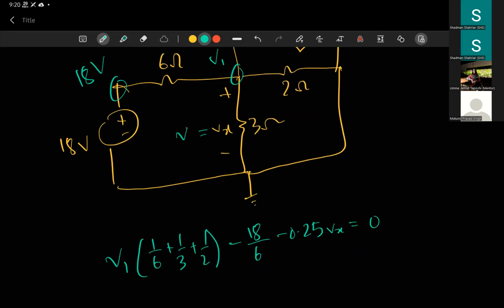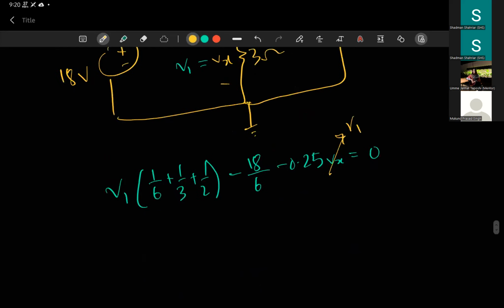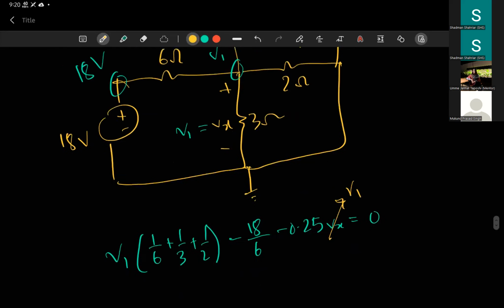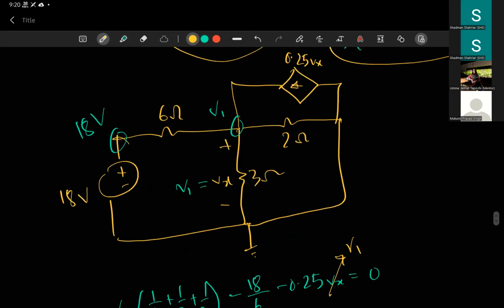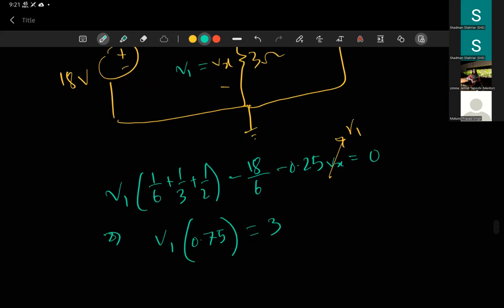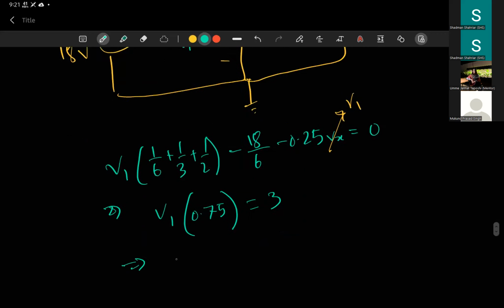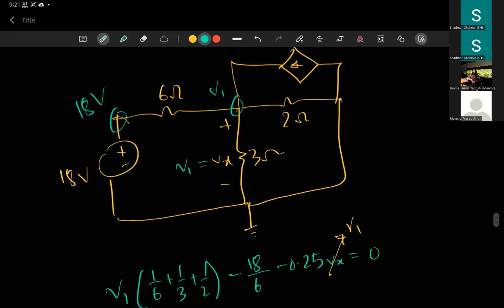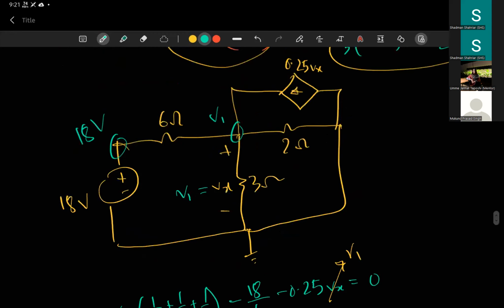So all you have to do is solve this equation. If you find the value of V1, 0.75 equals 3, so V1 is probably 4 volts. I hope my calculations are correct, but I think they are. So this is 4 volts.